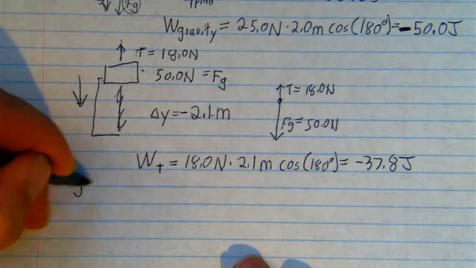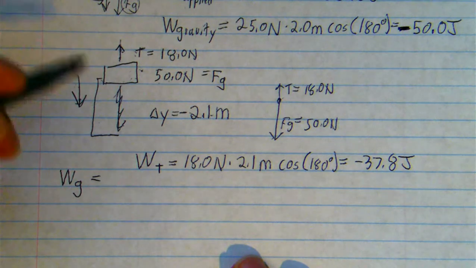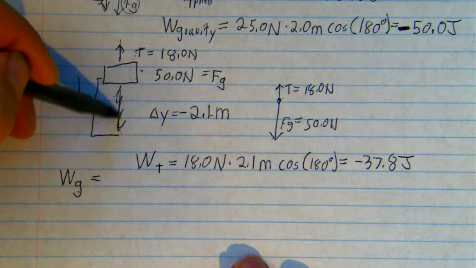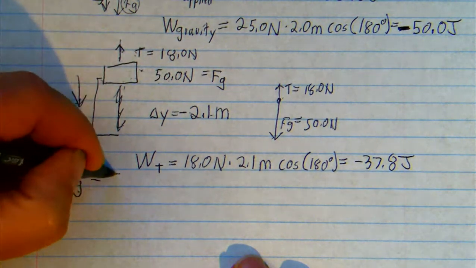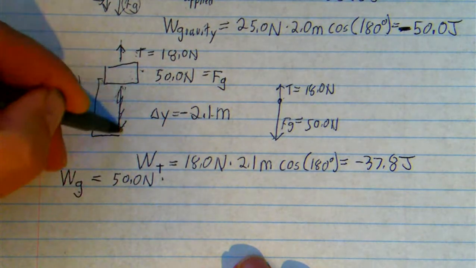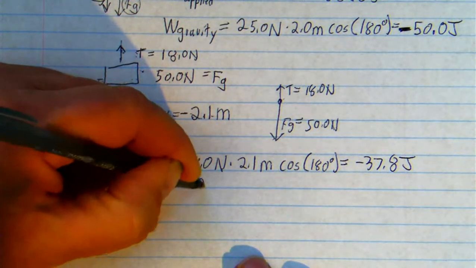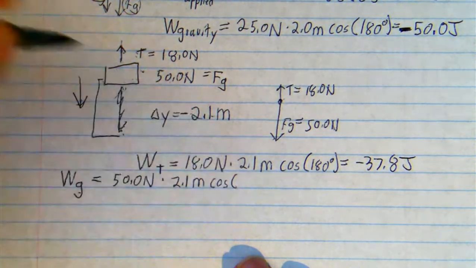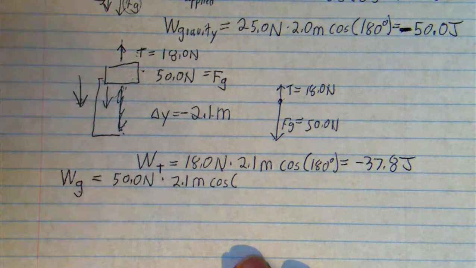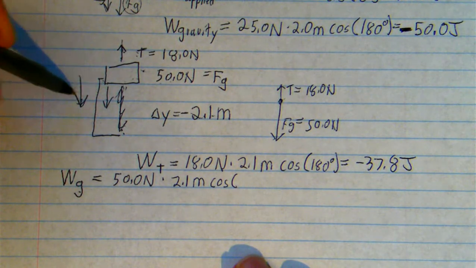Gravity also does work on this box at the same time. And the work done by gravity is going to be equal to the force of gravity, which in this case is the weight, right? 50 newtons is the force of gravity, times the displacement that it moves down vertically, 2.1 meters, times the cosine of the angle between the direction of the force of gravity, which is down, and the direction that it moves, which is also down.